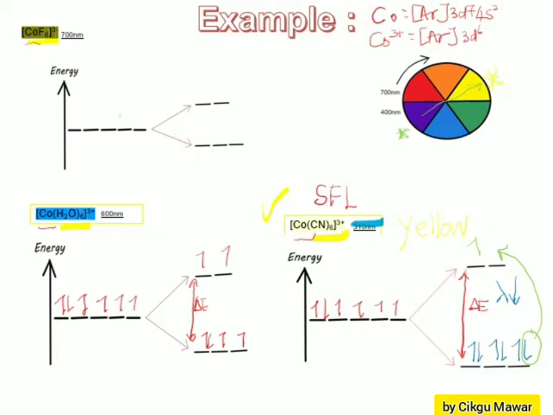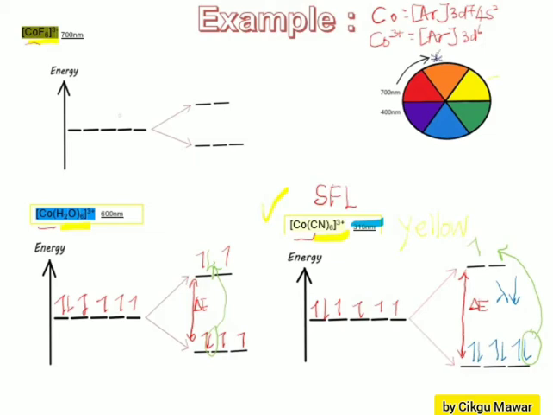This is how we fill up the electrons. Now, during the d-d transition, what wavelength will be absorbed for the hexaaqua cobalt 3 ion? It will absorb around 600 nanometers, somewhere here.